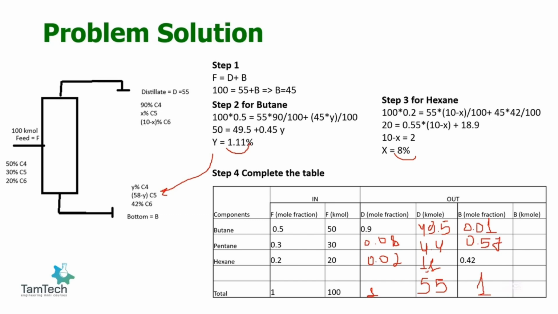Coming to kmol, again you need to multiply the amount of bottom by these fractions, and I will write them down: 0.5, 25.6, and 18.9, and the summation of them should equal 45. You see, again, the mass balance is correct. 55 plus 45 gives us 100. So this is all for the solution of the problem. You can continue to follow us to see additional problems related to mass and material balance.